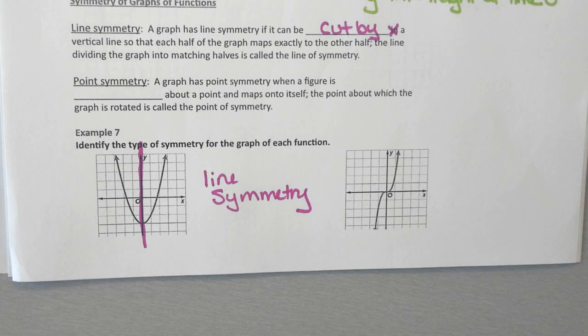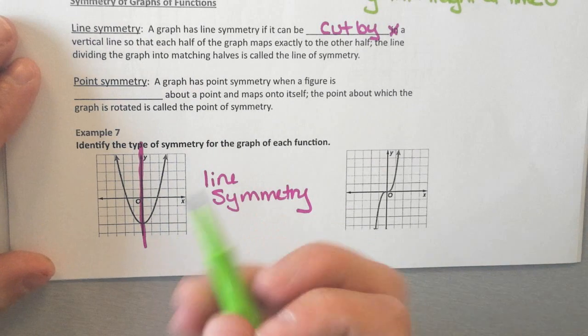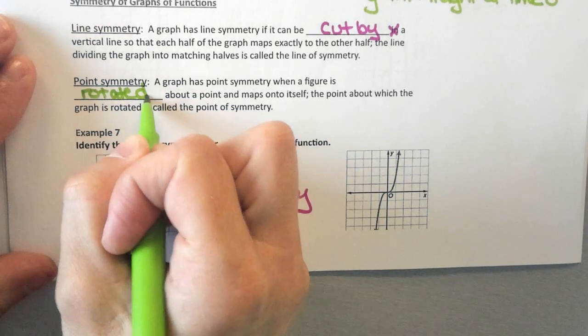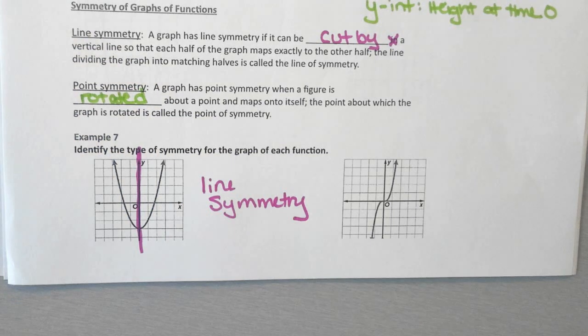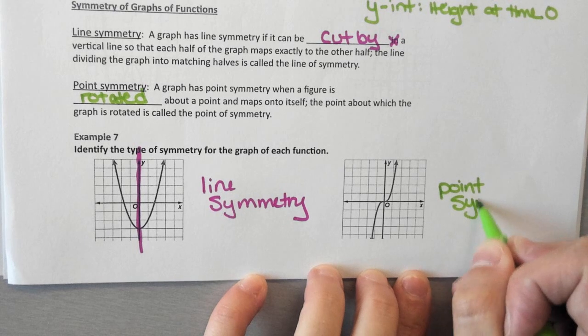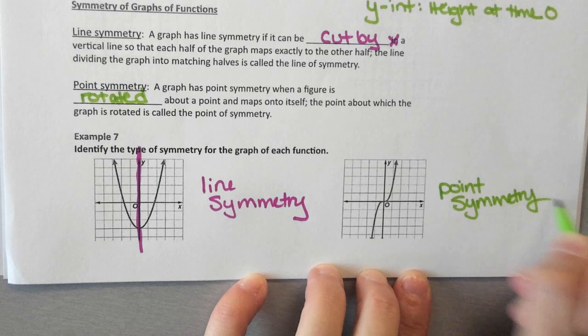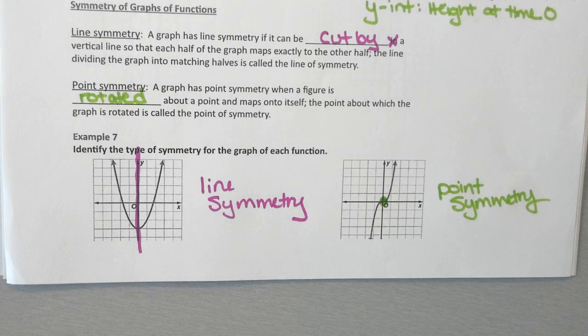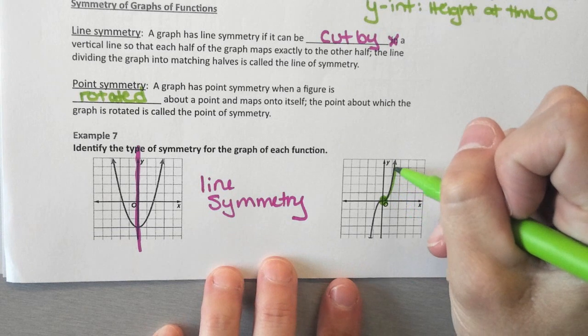Point symmetry is when you have a point and your figure is rotated around that point. So you almost have to use your imagination a little bit on this one. This one has point symmetry down here. Specifically, its point symmetry is at the origin. So take a look at this arm of the graph.